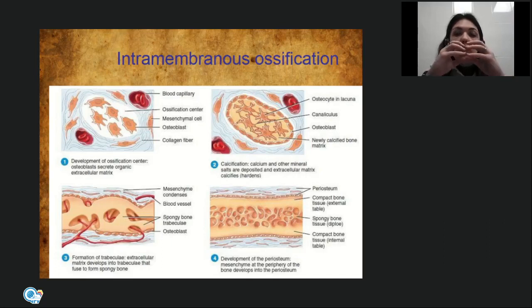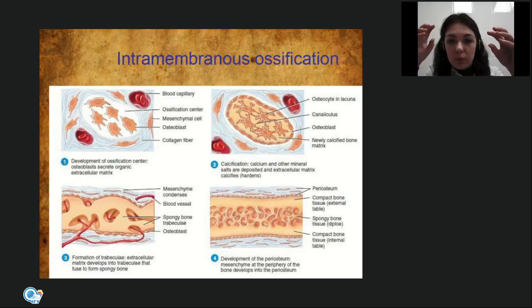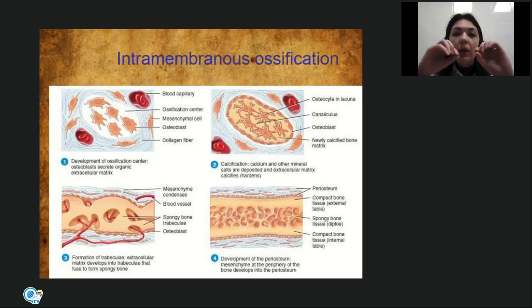Due to the presence of periosteum, bones can increase their width, because new osteoblasts go inward and again secrete extracellular matrix, which again attracts calcium, and that's how bone becomes thicker and thicker.